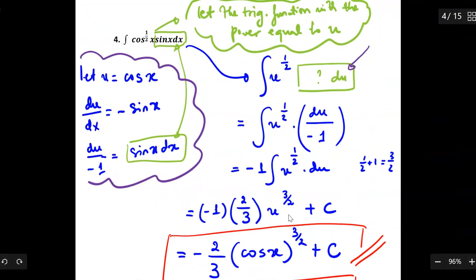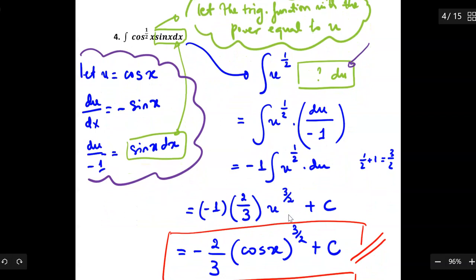Okay, so I have 1 minute left for me to review this for you. If you have a function raised to an exponent other than, like, the square, if secant square, cosecant square, then you may just use the formulas given to you, but if you have cosine raised to a certain power, the best is to let that trigonometric function equal to u.